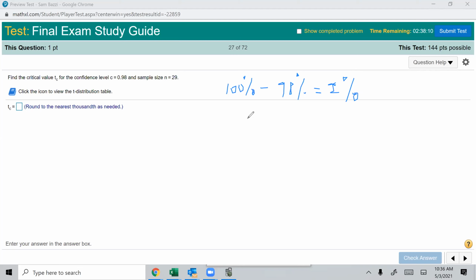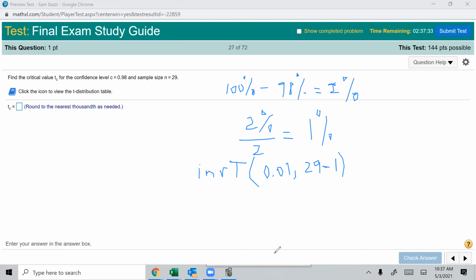Take the 2% and divide it by 2, which is 1%. And go to inverse T now. Because it's a t_c, so it's inverse T. If it was a z_c, it would be inverse norm. Enter the 1%, which is 0.01 as a decimal. And enter the degrees of freedom, guys, which is 29 minus 1, which is 28.